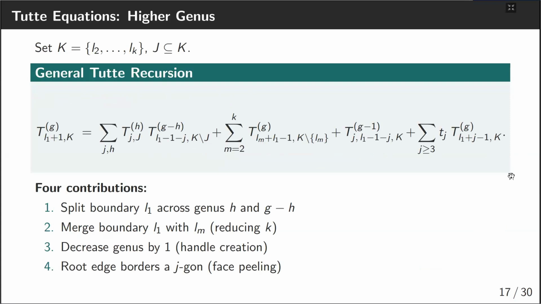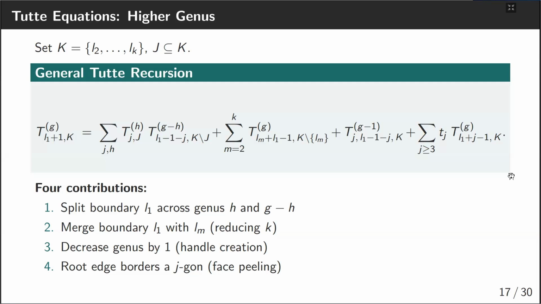So we have a general TAT recursion, and we're going to explain the contributions of these four terms. The first term is we split the boundary L1 across genus H and G minus H. The second term, we merge the boundary L1 with Lm, reducing K. The third is we decrease the genus by 1 and create a handle.